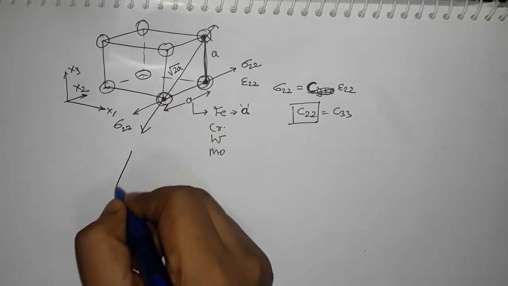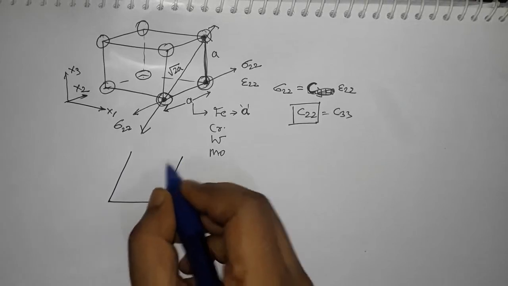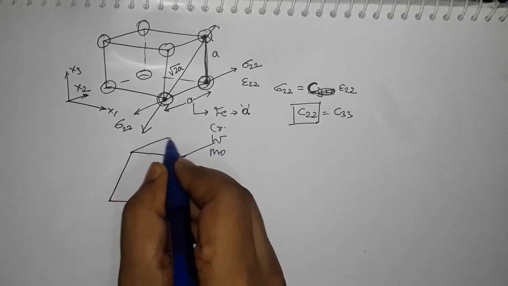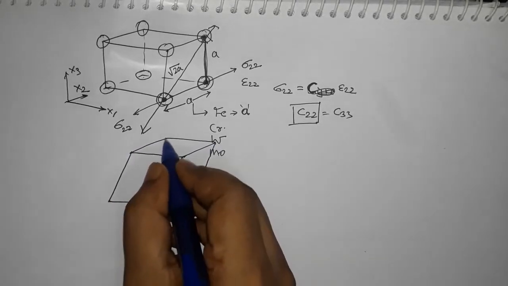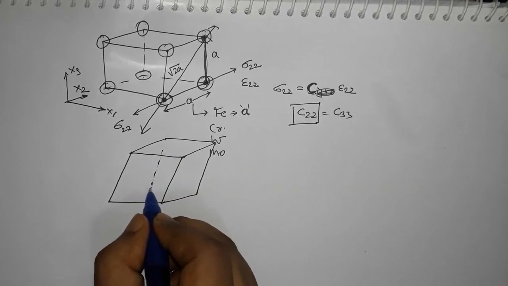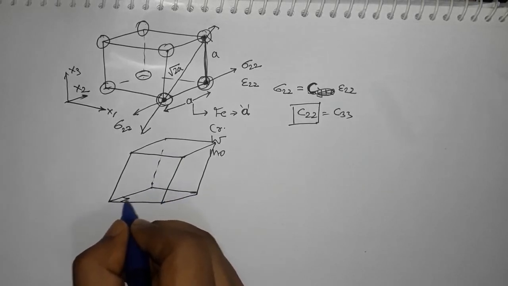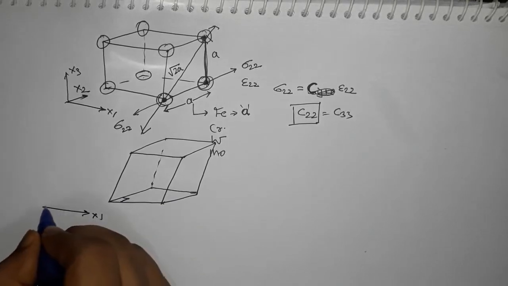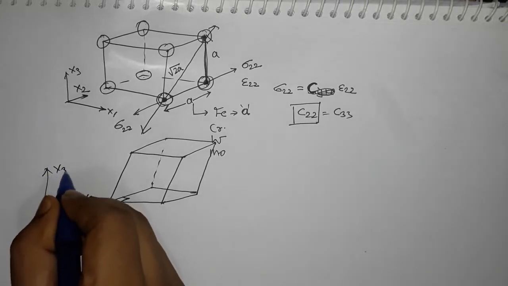Similarly, if you have a crystal structure which is not orthogonal, so let's say that it looks like this, so on this plane, let's say this is x1, this is x2, and this is x3.